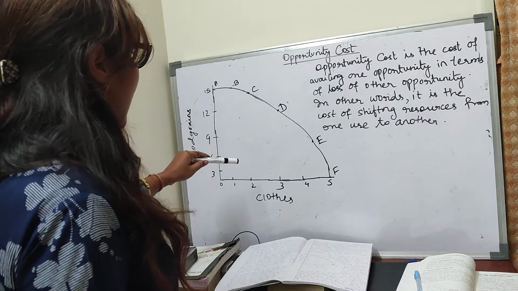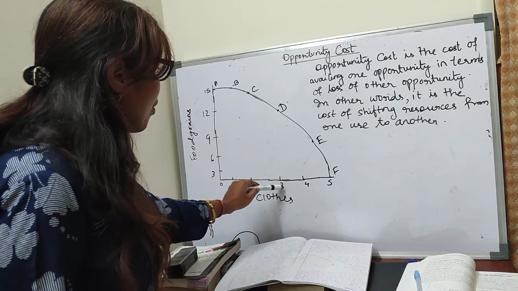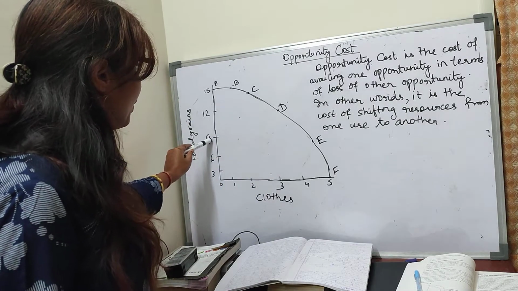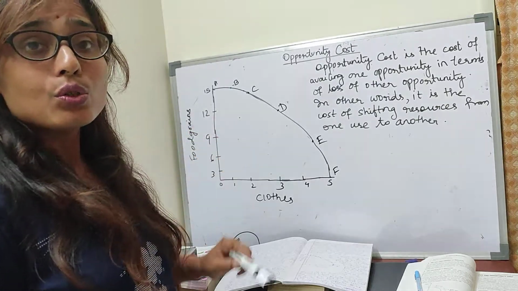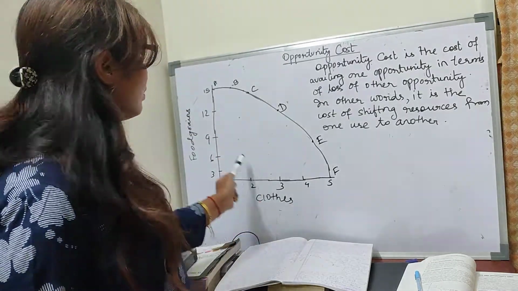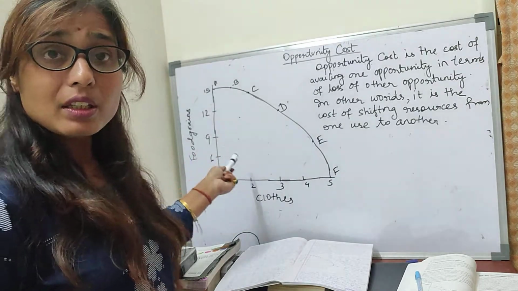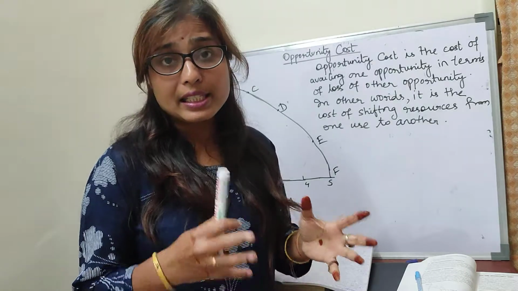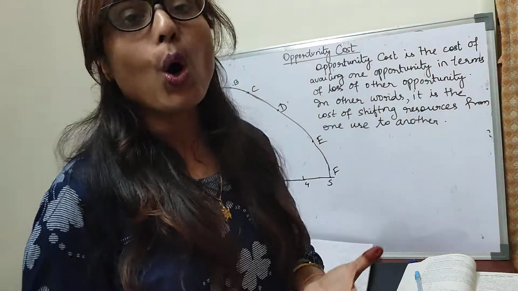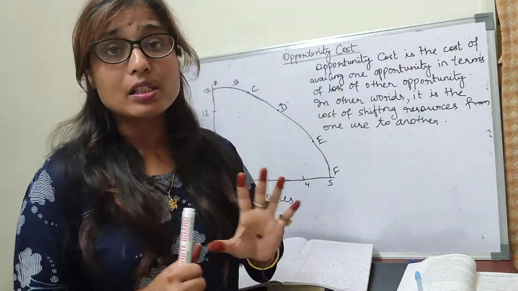Here in this example, the opportunity cost of 1 million meters of extra cloth is the 3 million food grains foregone. So in order to produce extra cloth, food grains must be foregone. So here the opportunity cost of a decision is the value of the good or service foregone. This is the opportunity cost concept.